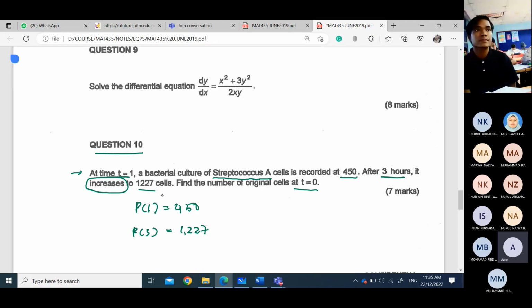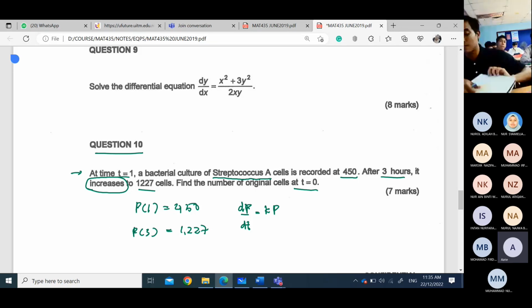1,227. So the increase. Okay, so based on this, we can say that the model here is based on exponential growth, which is dP/dt = kP, where k is a proportional constant. Okay, so k is always positive.